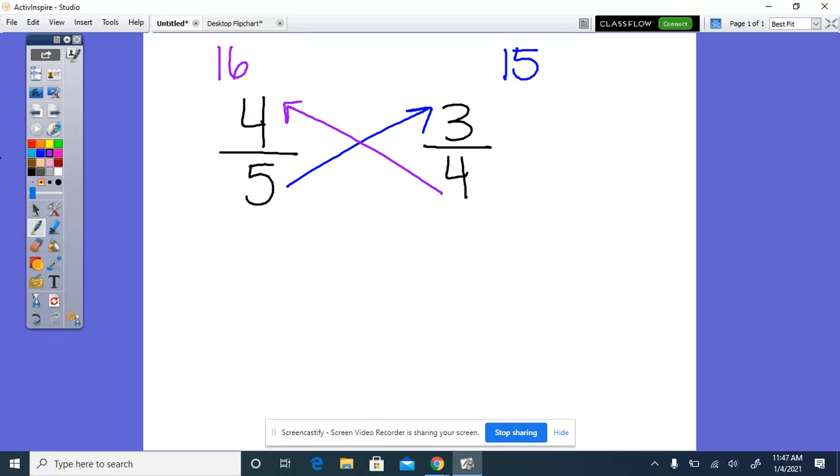Now, which one's bigger, 16 or 15? 16's the biggest, so the 16 gets 2 dots because it's the biggest number. The 15 gets 1 dot. Connect the dots. That sign is the sign that goes down here.